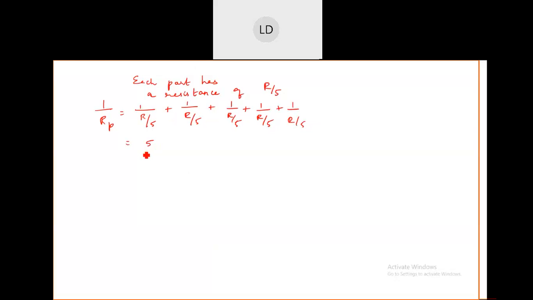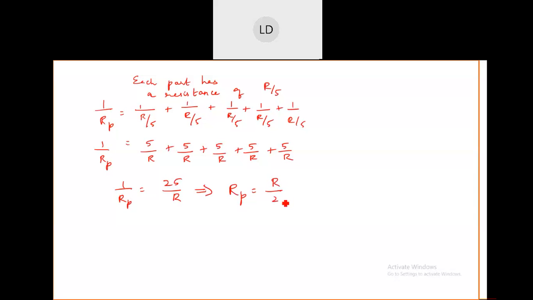So this becomes 5 by R plus 5 by R plus 5 by R plus 5 by R and one more 5 by R. So what is 1 by Rp here? 1 by Rp will be 25 by R, which implies Rp will be R by 25. So when resistors are connected in parallel, the effective resistance will be Rp equal to R by 25.